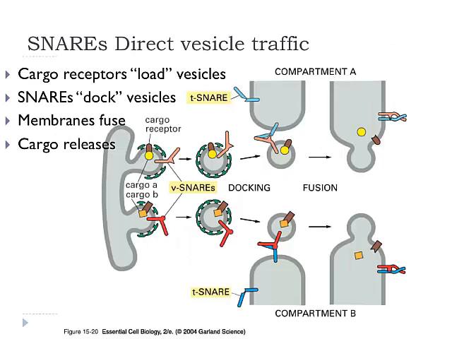So how do these vesicles know what cargo they're going to carry, what proteins are going to be packaged into these little compartments, and how do they know where to go in the cell? Part of it is happening at the compartment where the packaging occurs.